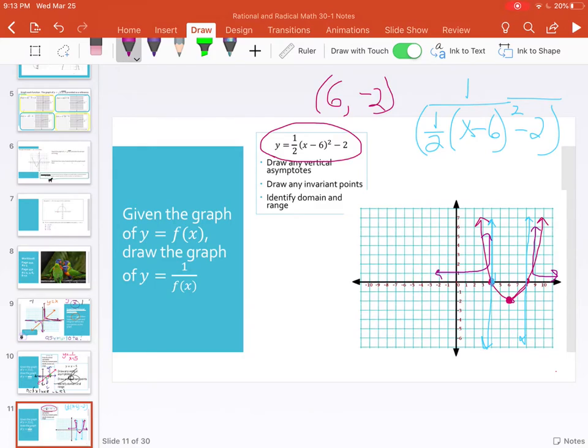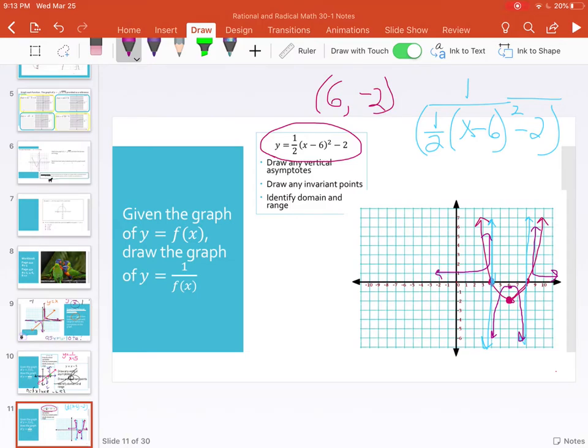So here on my vertex, I have a y value of negative 2. So if I wanted to know where the new point would be after taking the reciprocal, I would just go 1 over negative 2, which would give me negative 0.5. So my new point would be at negative 0.5, and then from there it's just going to approach that asymptote on both sides. And again, you could draw this on your graphing calculator as well.